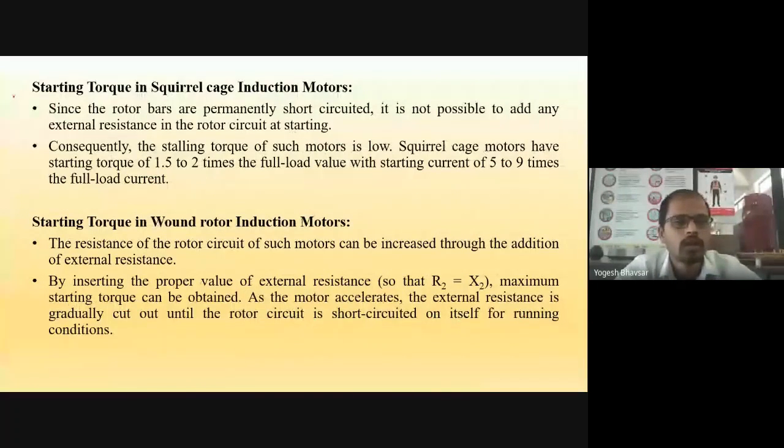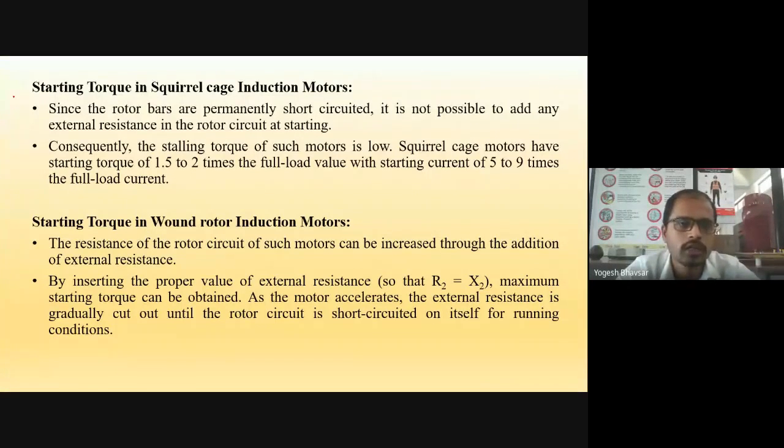In case of a squirrel cage induction motor, we know that the rotor is made from bars of copper or aluminium, which are permanently short circuited with the help of end rings. So it is not possible to add any external resistance to the rotor circuit, right?